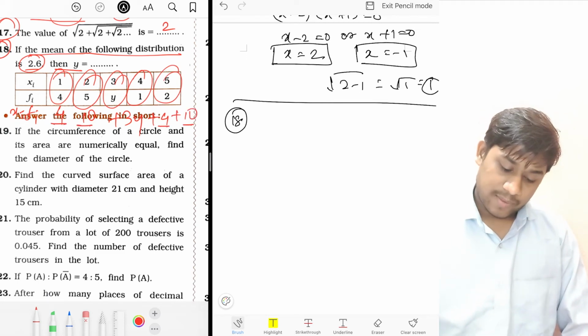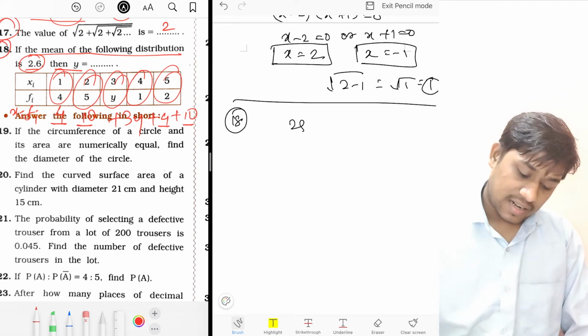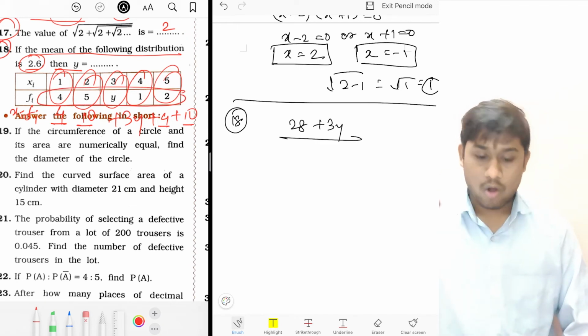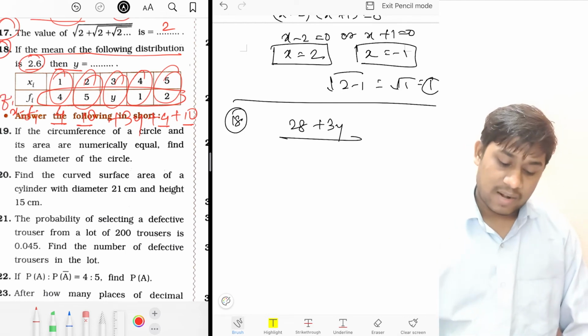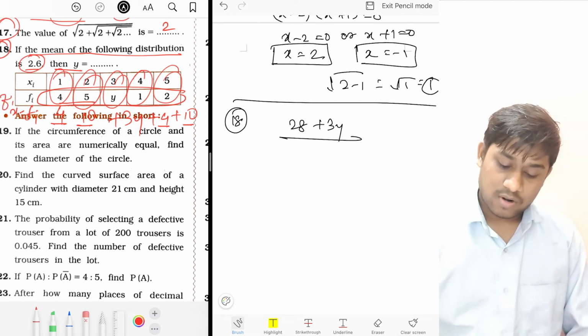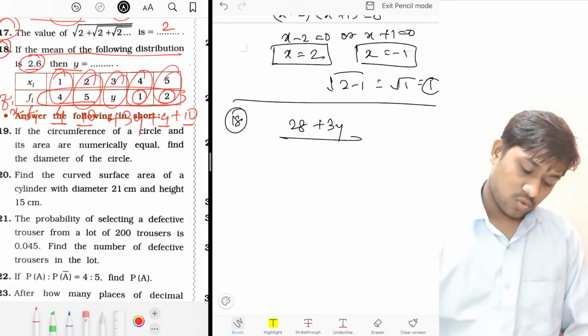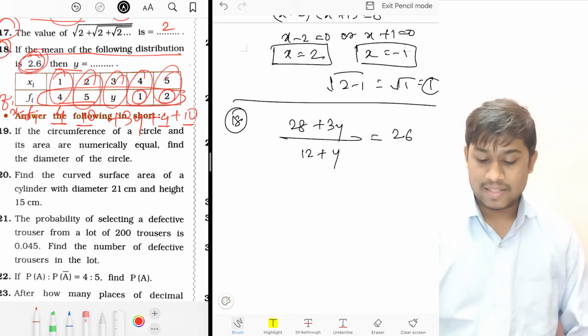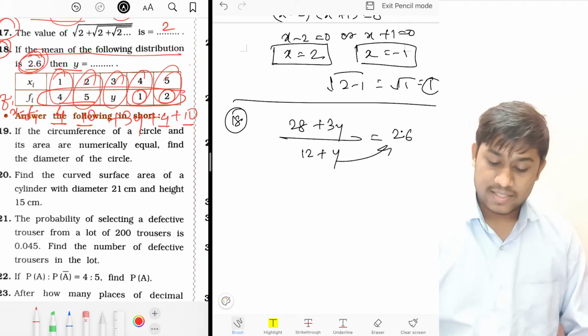So 4 plus 10 plus 4 plus 10, we have how much? 28 plus 3y, divided by the sum of fi. For the sum of fi we are going to add all of them. 4 plus 5 we have 9, plus 1 is 10, 10 plus 2 is 12, so we have 12 plus y is equal to the mean, 2.6.